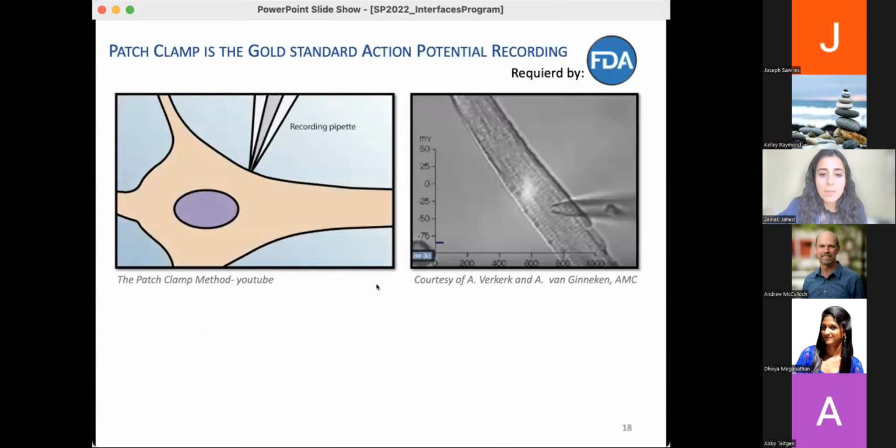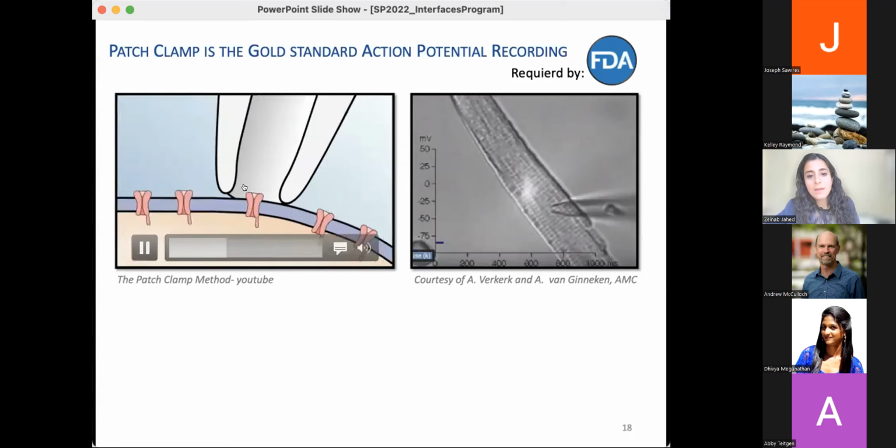And one of the most accepted methods for measuring action potentials is the patch clamp technique. In this technique, the cell is manually approached by a recording pipette. And then after a mild suction, the membrane ruptures, as shown in this video here.